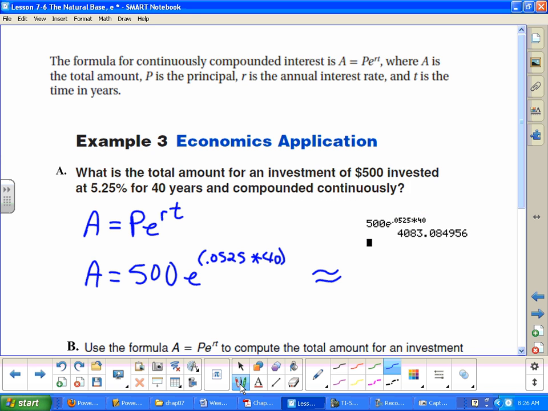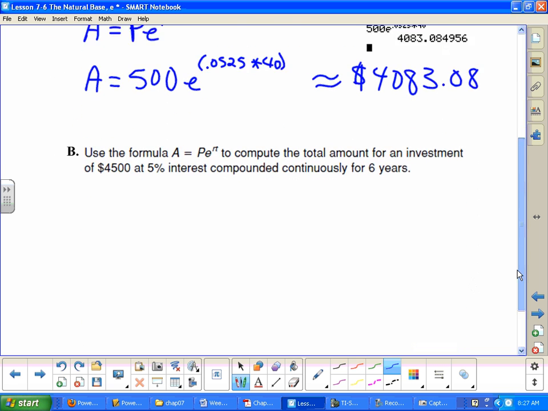So that means that we will now have approximately $4,083.08. I guess that's not too bad. Just how many of you think you'd wait 40 years to spend some money? Leave it in a bank for that long? Probably not. I wouldn't.